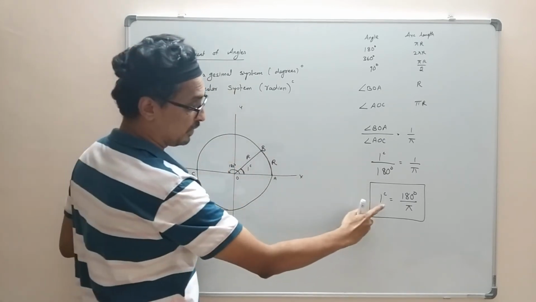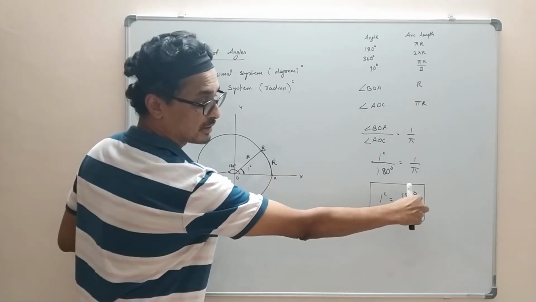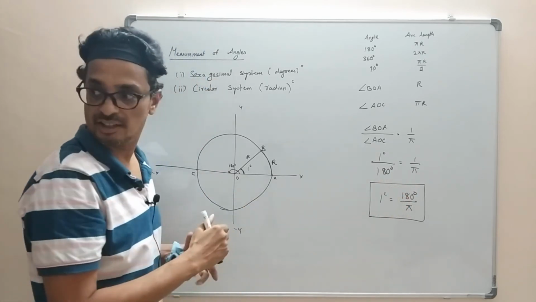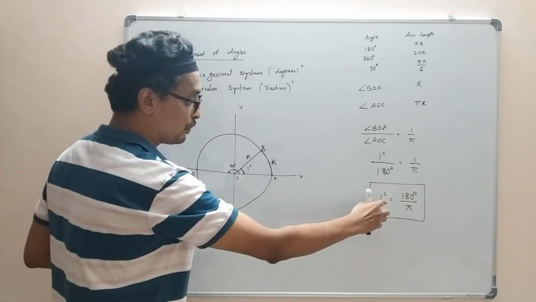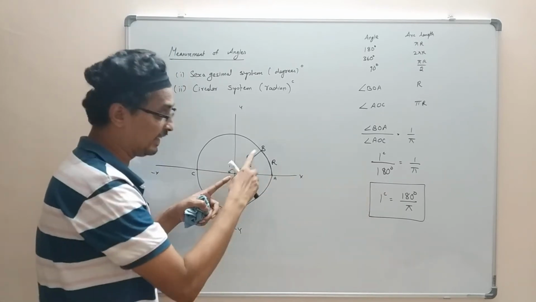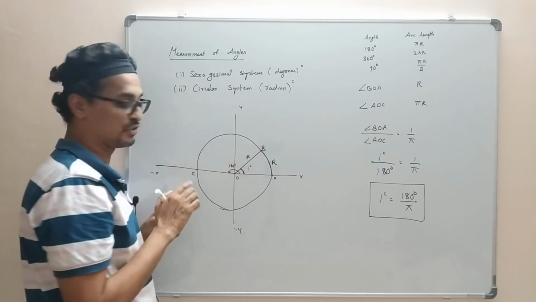Now if you see 1 radian, is there any value of r in it? No. So this is just an angle. 1 radian is not related to the radius of the circle, so it is independent of the radius. This angle is going to be fixed.